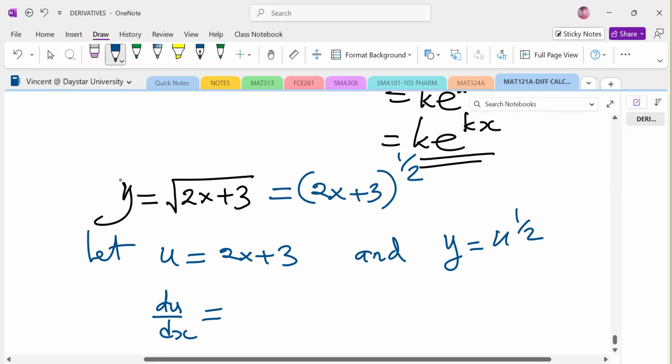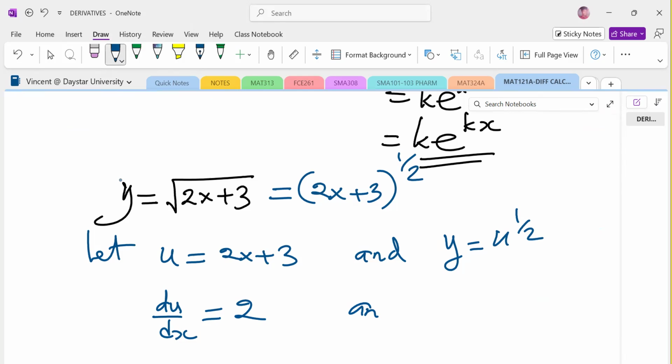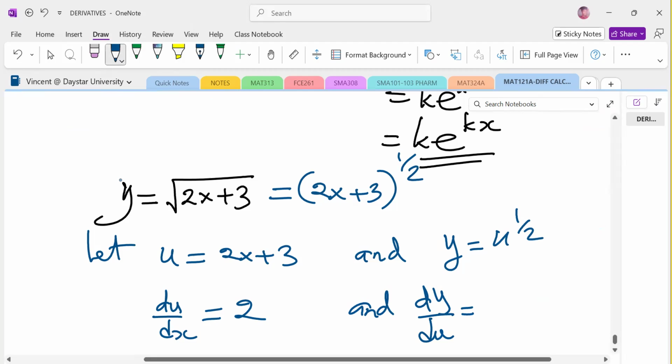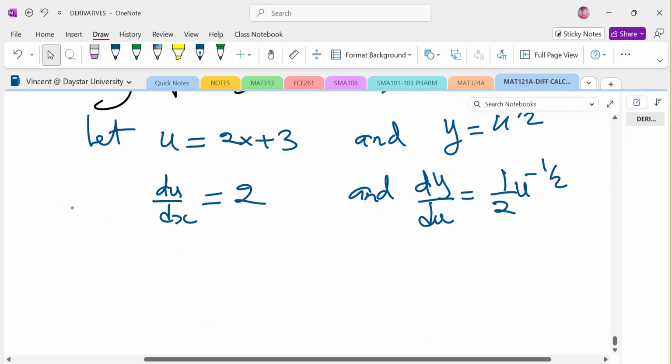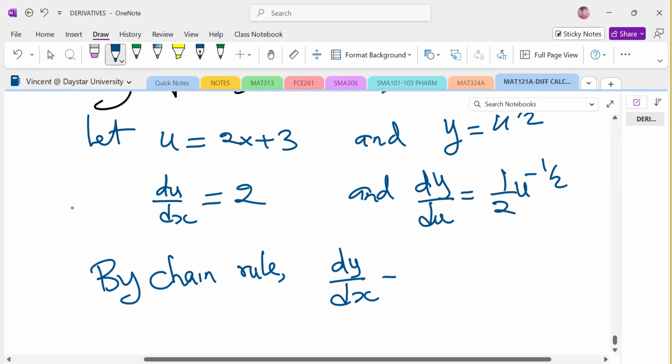will be 2, and then dy du, correct, a half u raised to negative a half. So then now we multiply them by chain rule. So by chain rule, dy dx is dy du times du dx.